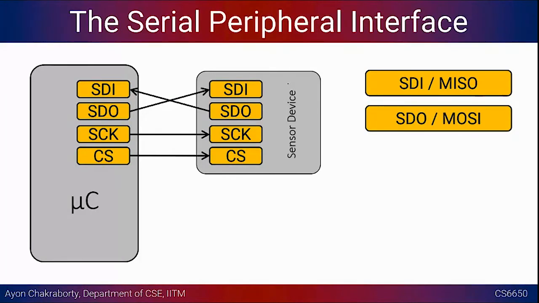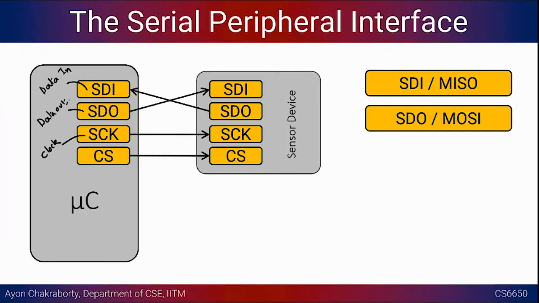For the serial peripheral interface, we basically have these four pins through which a sensor device talks to the microcontroller. There is, of course, a clock that is required for synchronization and timing. Then there is something called data in, and something called data out.